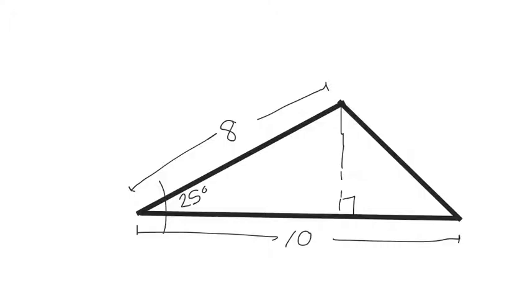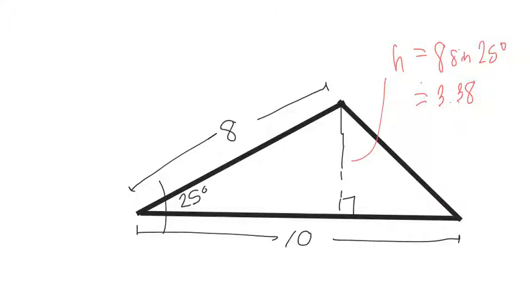Let me use a different color. So in this case, the height of my triangle, which I will call h, equals 8 sine 25 degrees, which is approximately, going back to my calculator here, 3.38 units. Okay, with that worked out, now it's pretty straightforward.